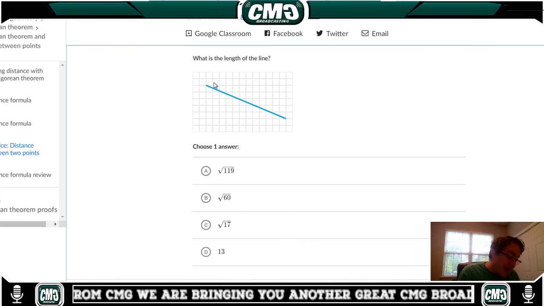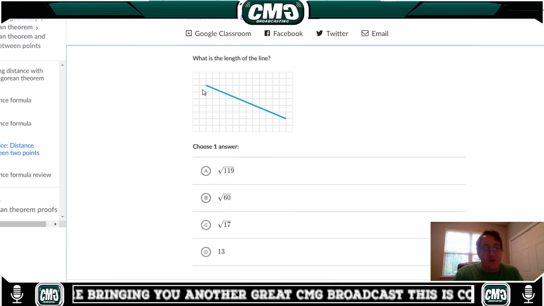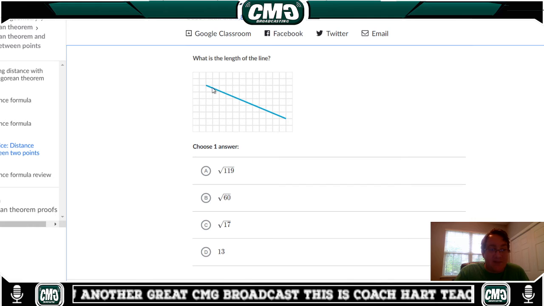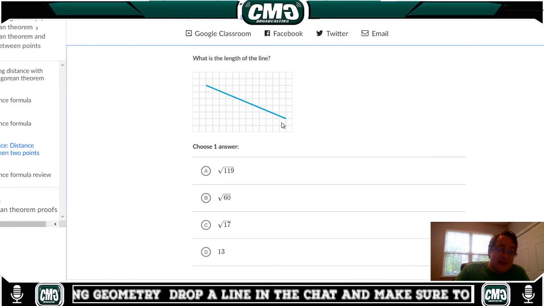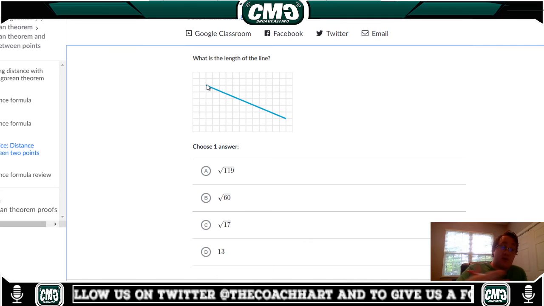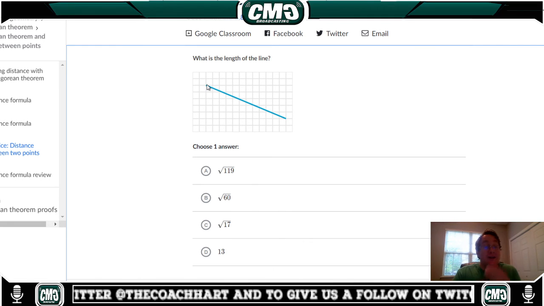Now, it doesn't matter which one you pick, because if you pick this one up here in the top left, your point for this is going to be a positive x and a negative y, because you're going to have to go to the right and then go down. Now, if we use this one over here on the right, we would just have to now go up to the top left. So now our x would be negative and our y would be positive, because we would go to the left and go up.